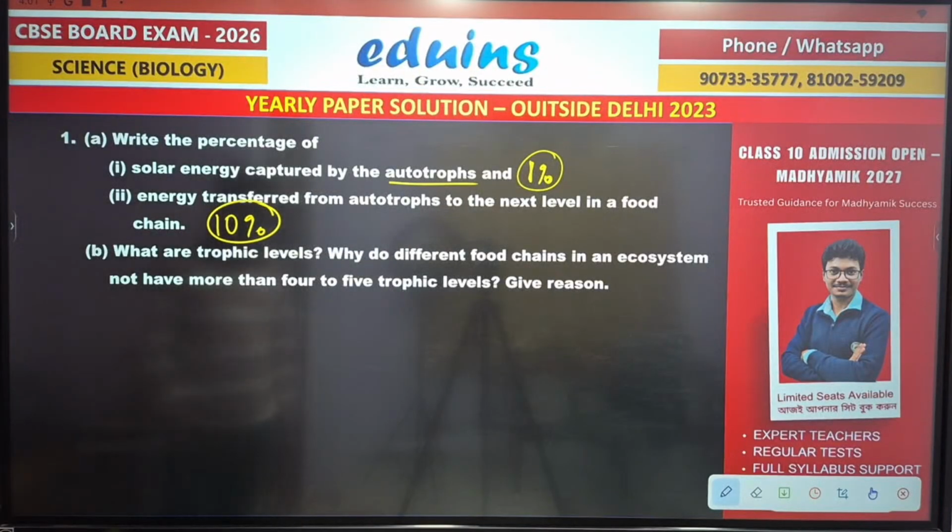Now next question: what are trophic levels? Why do different food chains in an ecosystem not have more than 4 to 5 trophic levels?